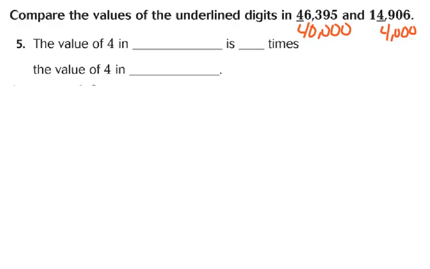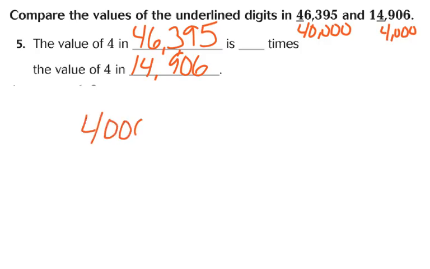So the value of the 4 in 46,395 is blank times the value of the 4 in our second number, which is 14,906. Now remember, they were talking about the value of that 4. So if we have 4,000, and we're going to multiply it times something to equal 40,000.